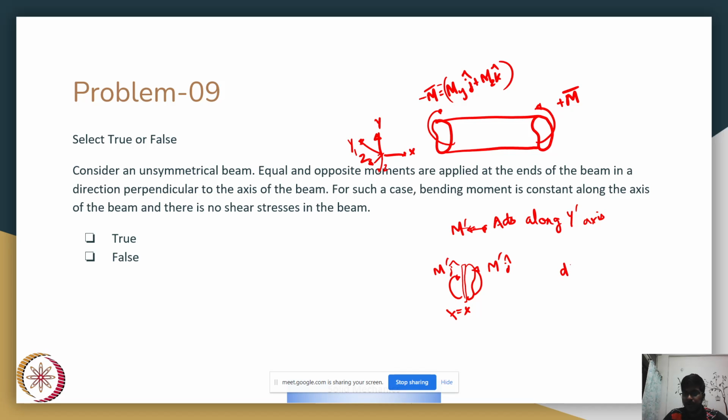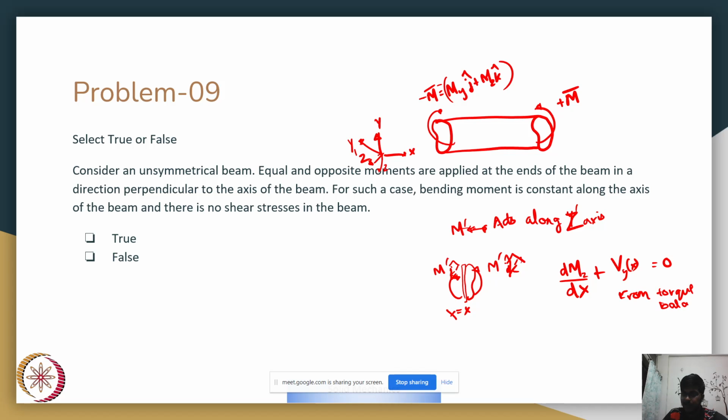And if you look at our equation, dM by dx plus V of x. Sorry, I'll take this along the z axis to simplify. Then we'll have directly this result. And we know that M dash is acting along k dash, which is the unit vector along the z dash axis. And then we have this equation for force balance, coming from the torque balance.